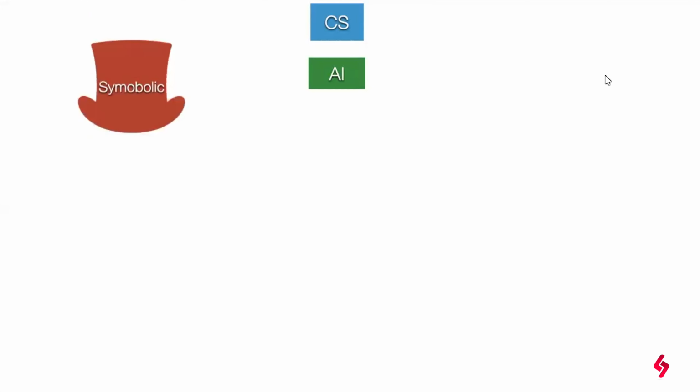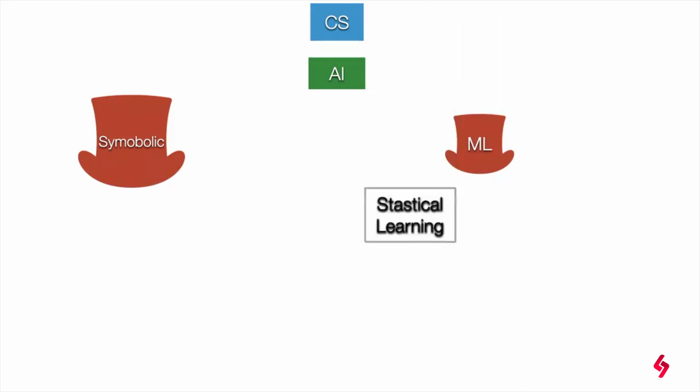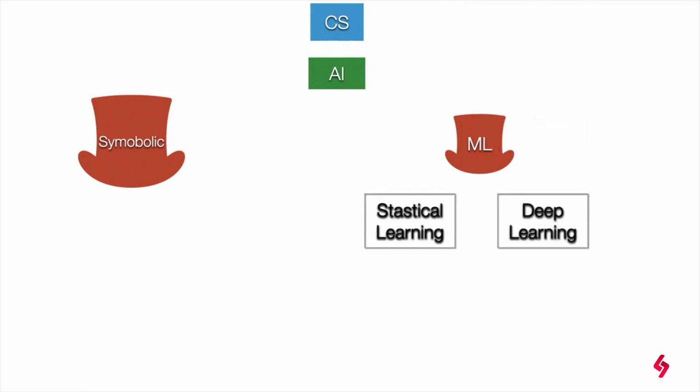Under artificial intelligence, there is symbolic learning and another learning called machine learning. These are the two types of learning as part of artificial intelligence, and we are going to mostly focus on machine learning. In machine learning, again there are two important parts: one is statistical learning, another is deep learning. This is how the hierarchy goes.